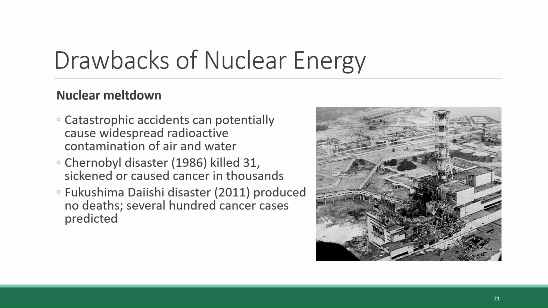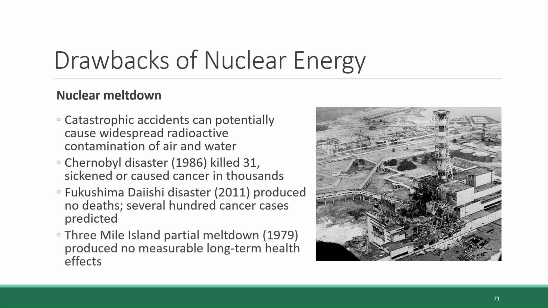Other notable accidents include the Fukushima disaster, which occurred in Japan in 2011 when an earthquake and resulting tsunami destabilized the nuclear power plant. However, there were no deaths directly from this disaster. Some people died during the ensuing evacuation, and various sources predict that eventually there will be several hundred cases of cancer that develop in the population that was exposed.